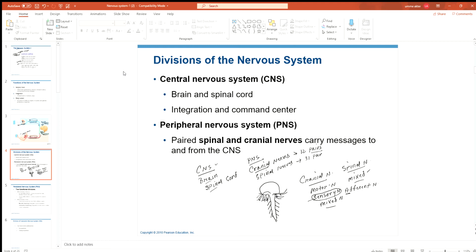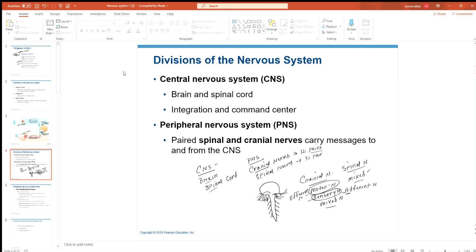Motor nerves take the signal out from the brain, outwards. So motor nerves are called efferent, exit from the brain. So motor or efferent, sensory or afferent. That is how we classify the nervous system.